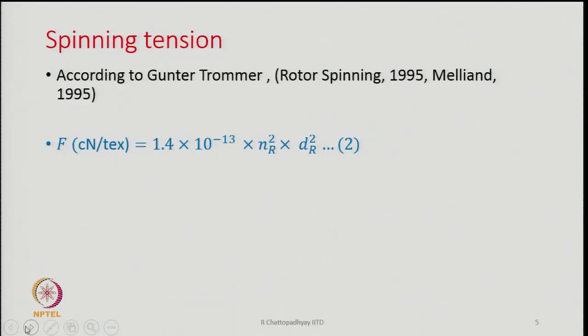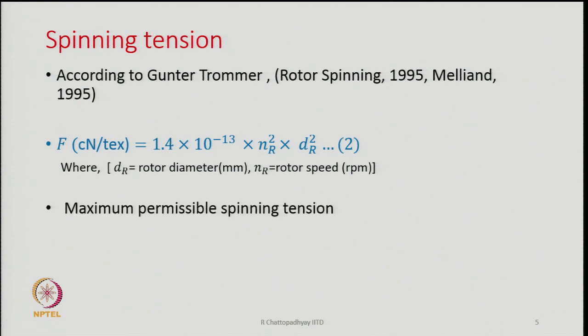According to Gunter Tromer, in the book Rotor Spinning published by Mayland, the spinning tension has been shown to be 1.4 into 10 to the power minus 13 times (nr) whole square times dr square, where nr is the rotor speed in revolutions per minute and dr is the rotor diameter in millimeter.